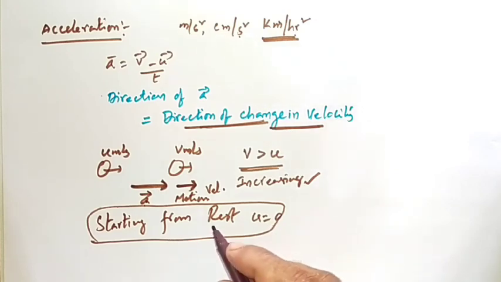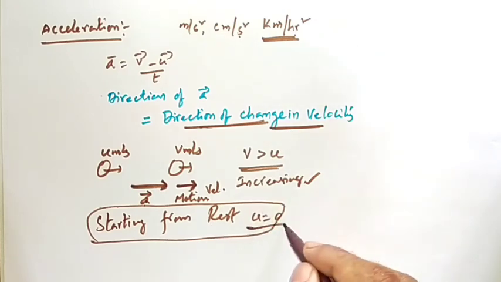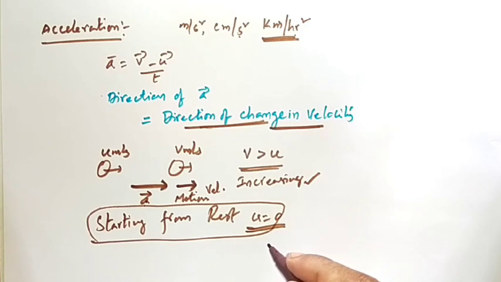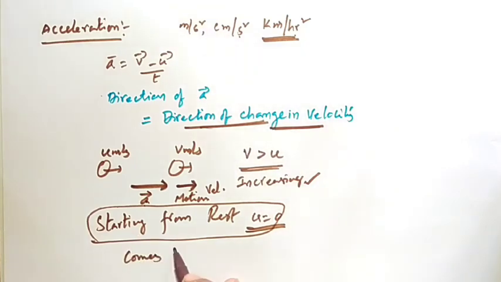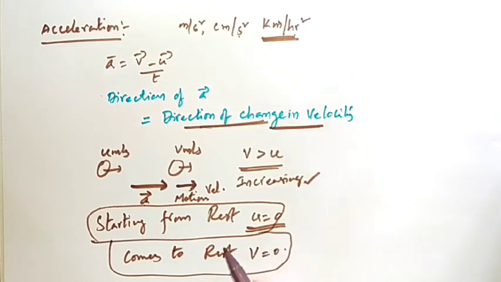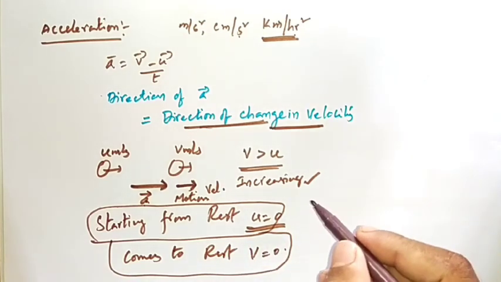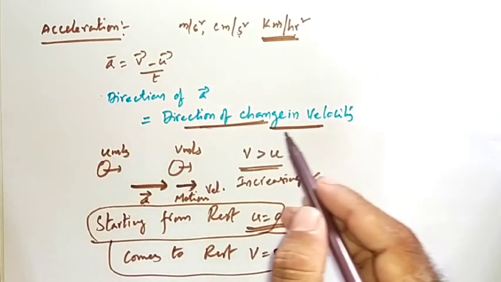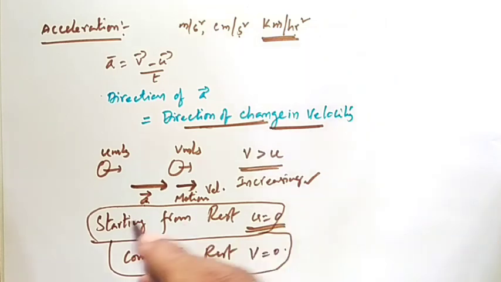This is the condition. Similarly, when a body comes to rest, its final velocity is 0, because the body is coming to rest finally. Okay, coming from somewhere and stopped there.